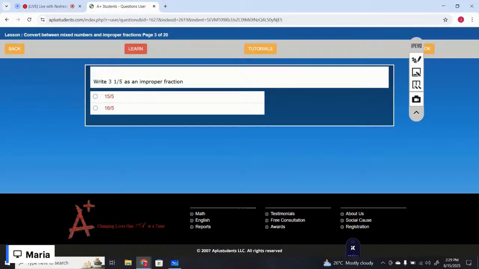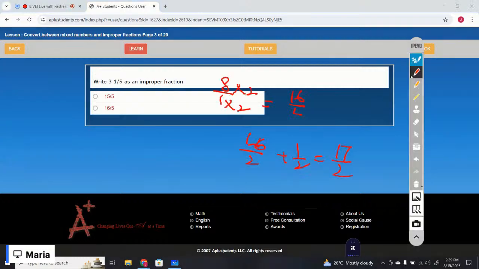Write 3 whole 1 by 5 as an improper fraction. So which is the correct option? Three whole 1 by 5. So we can write the whole number part as 3 over 1. Let's just multiply it by 5. 3 times 5 is 15 over 5.